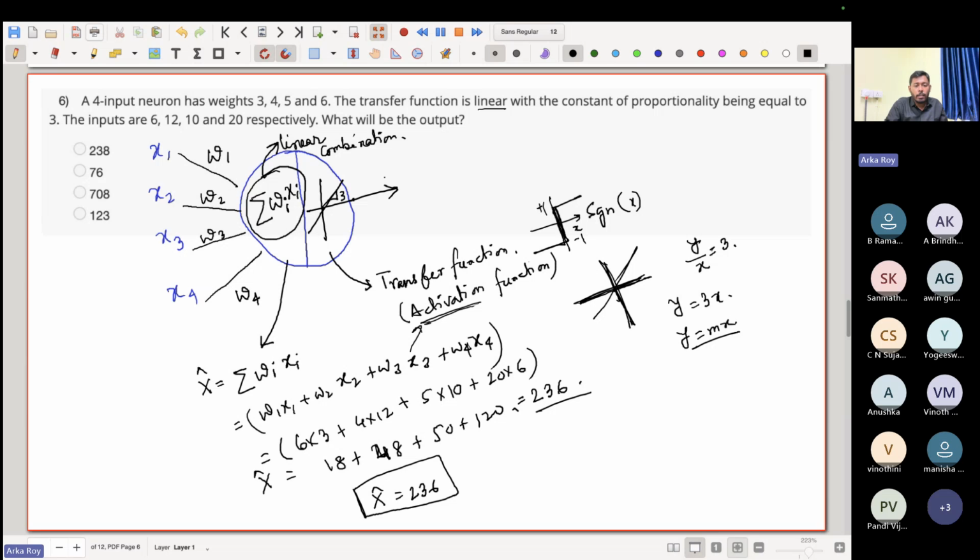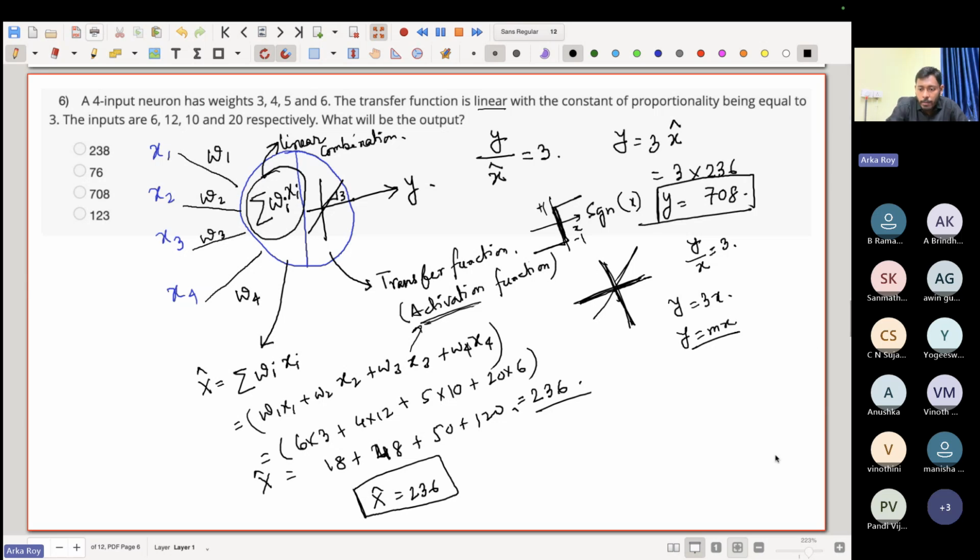We have got x hat, and the output is, let's say, y. In the question, they have told that y by x hat is equal to 3, because the function is linear and the proportionality constant is 3. So your output is equal to 3 into x hat. Our x hat is 236, which gives 708. In this way, you can evaluate the value of y.